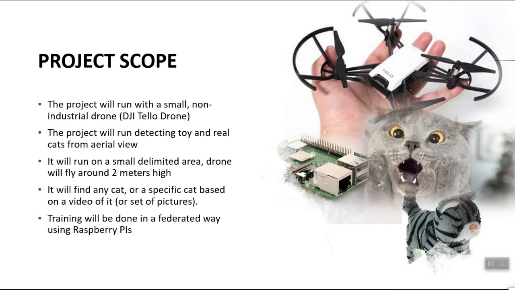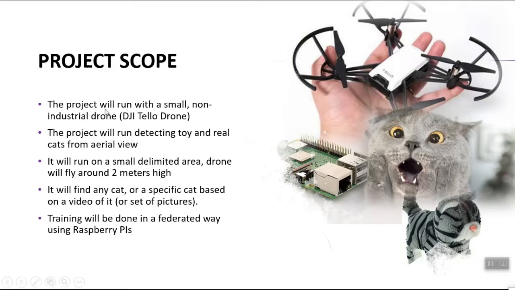The project scope. The project will run with a small, non-industrial drone. It's a DJI Tello drone. It's a very small drone, as you can see in this image, and it's a very simple drone. It doesn't offer much, so that limits many things, but it doesn't affect the core idea.